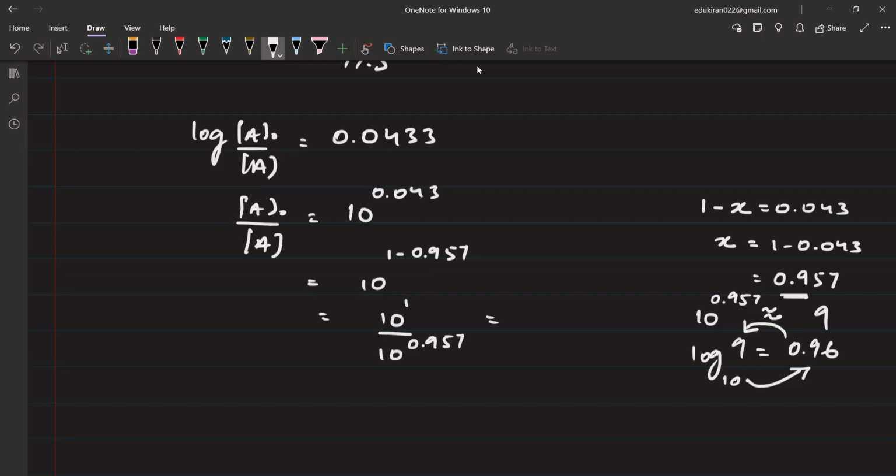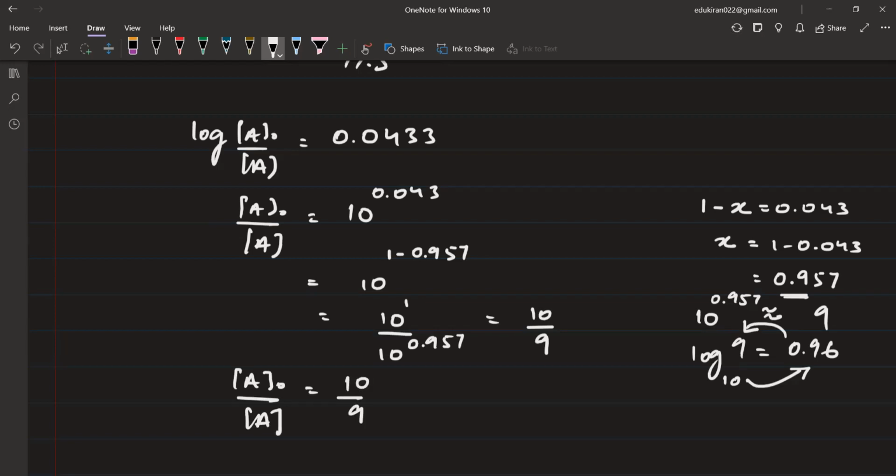Yes, I can write this as 10 upon 9. Can all of you see that? Now look, a naught upon a is equal to 10 upon 9.